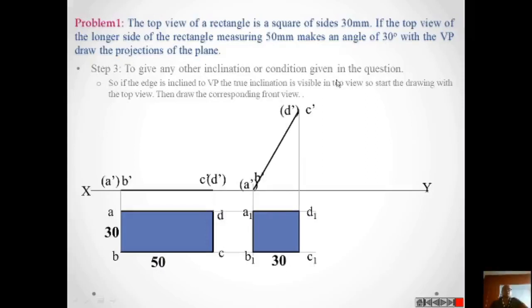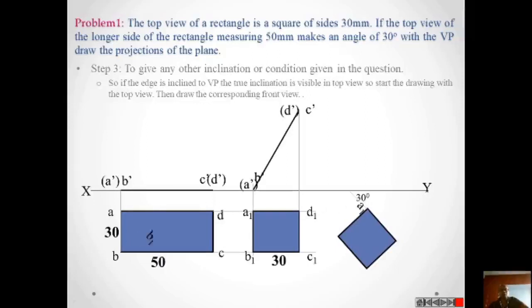So if he has mentioned in the question that the longer edge is making some angle, it means the procedure is a little lengthy. But here the top view of the long edge is making the angle. So this is simple. What we have to do? We have to simply take this distance and keep this angle here.